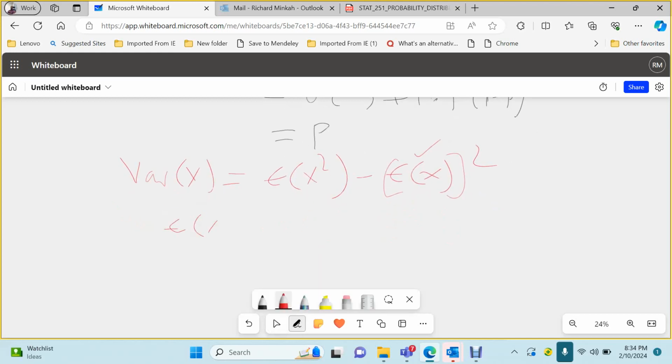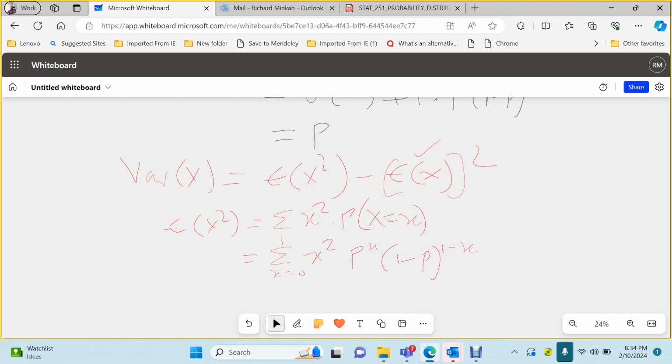The expected value of X squared by definition is the sum of x squared times P of X equals x, right? So in our case, that means x from 0 to 1, x squared times P to the x, 1 minus P to the 1 minus x. Is everybody okay? Yes, sir. Good.